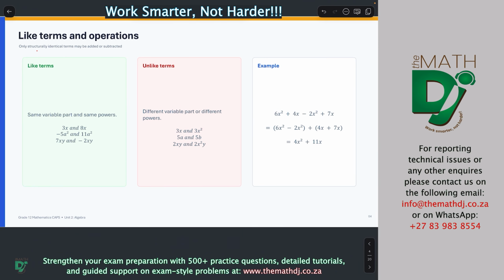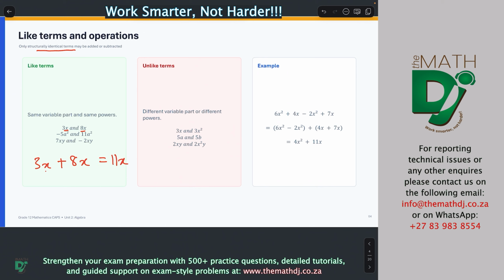Next one, like terms and operations. Only structurally identical terms may be added or subtracted. In other words, for example, same variable part and same powers. Let's give an example. You can see there is 3x and 5x and 8x. So 3x plus 8x is equal to 11x.